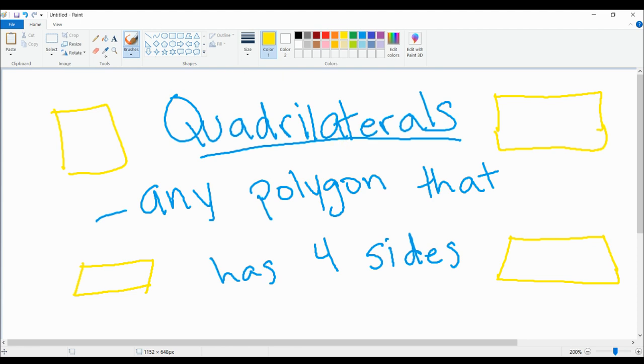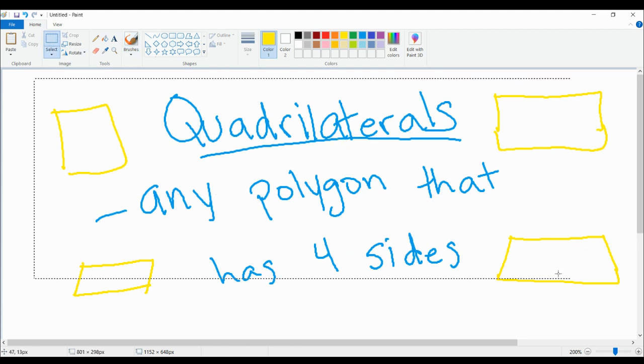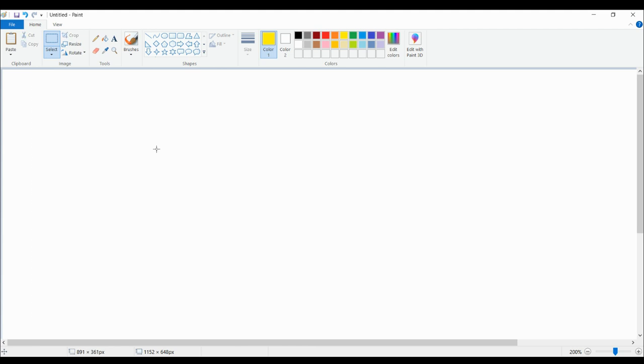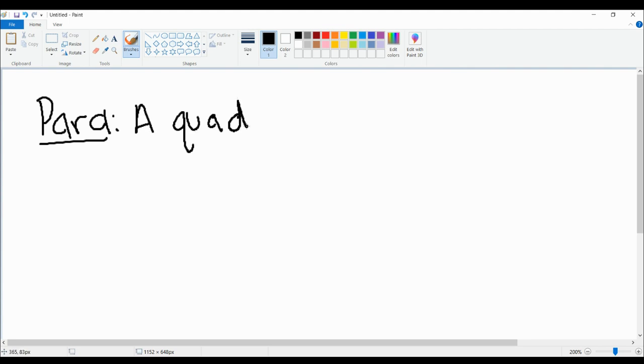Okay, so now that we have covered quadrilaterals and the big category that parallelograms fall under, we'll start talking about parallelograms. So let's find out the definition. For short form, I'm just going to call parallelograms para, because yes, it does have a very long name. So a parallelogram is a quadrilateral, and I'm going to call it quad.